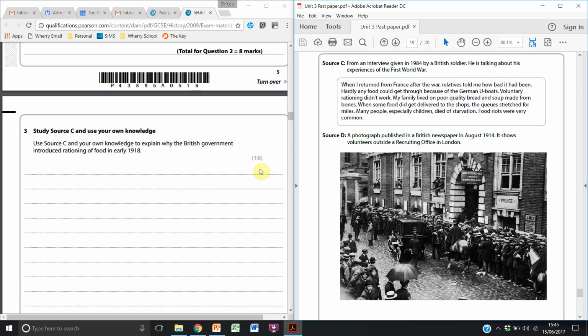Now, if you have a read of source C, you will see there are some reasons why the British government introduced rationing in 1918. But it won't give you all of the reasons why the British government introduced it. And so that's where you're going to need to give some reasons of your own.